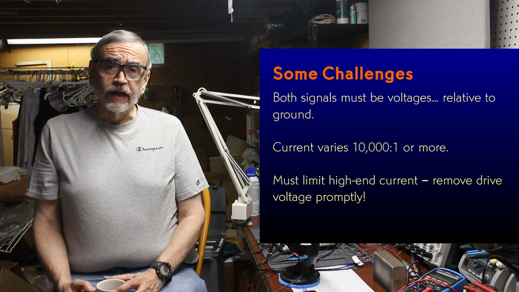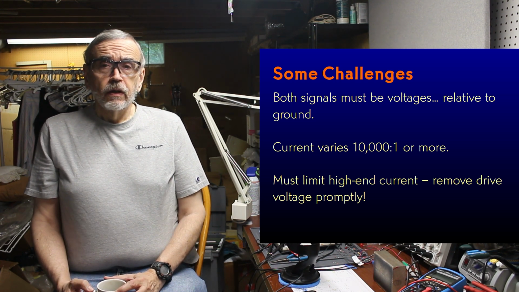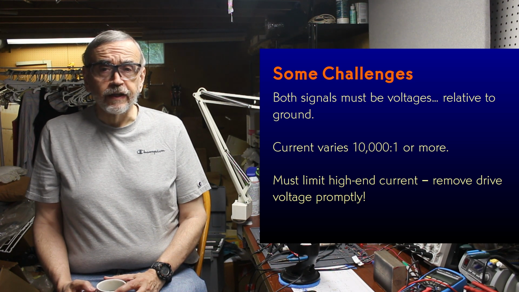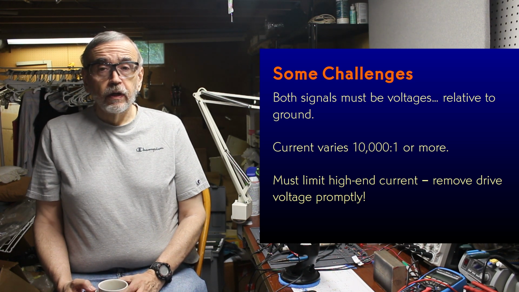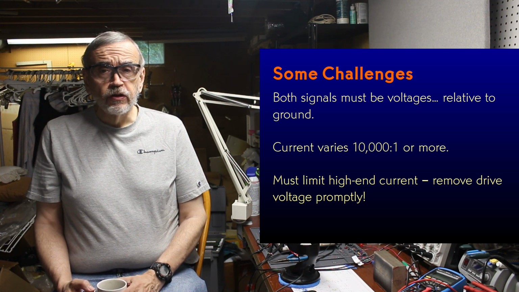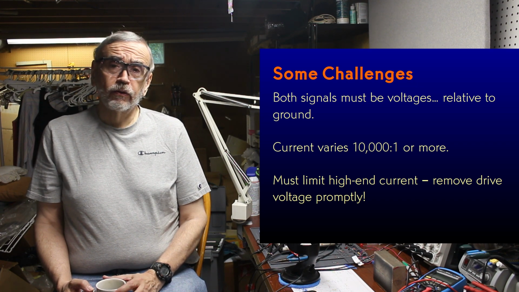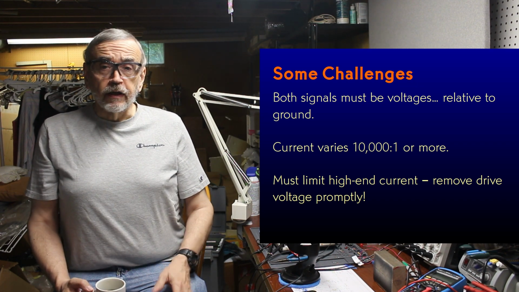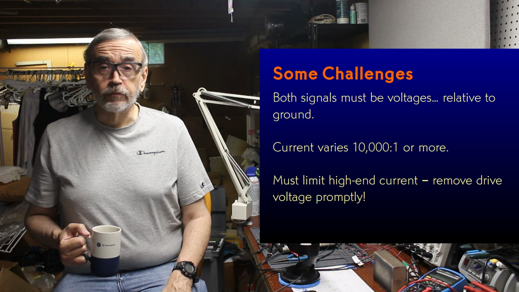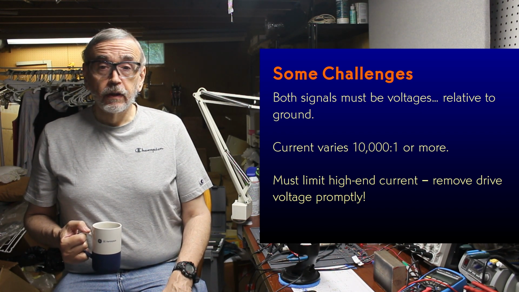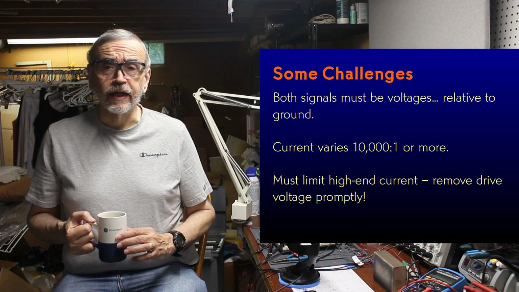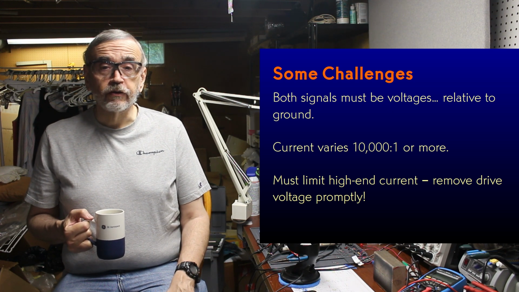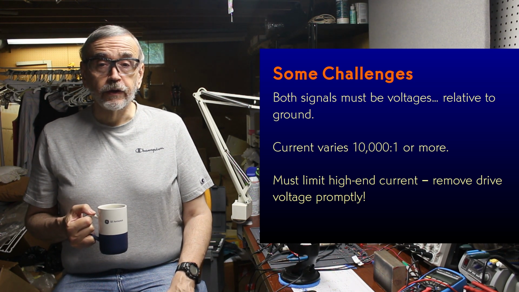There are a few more challenges here. My scope can't measure a current directly, so I have to measure the voltage drop across a resistor. That voltage and the anode, cathode, or base emitter voltage need to be relative to ground. I don't have differential probes for my scope. The currents I want to measure vary from nanoamps to milliamps, so I have power constraints at one end and noise constraints at the other.